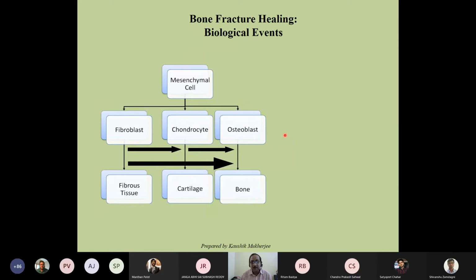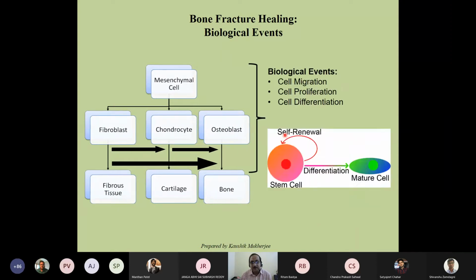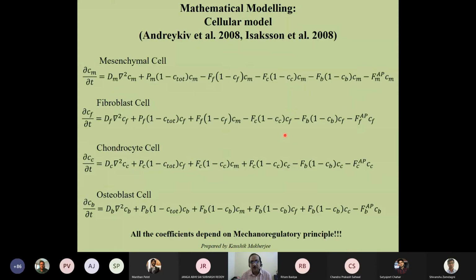Now, if we go to the mathematical equations, first term is migration, second term is proliferation, and the others, the three negative terms, are the cell differentiation. Of course, it includes cell death, so that is also a negative term, right?